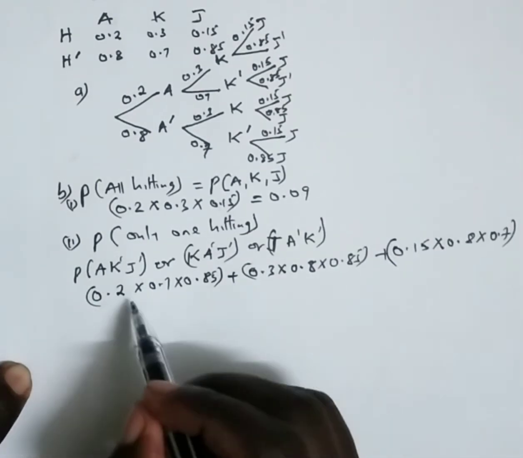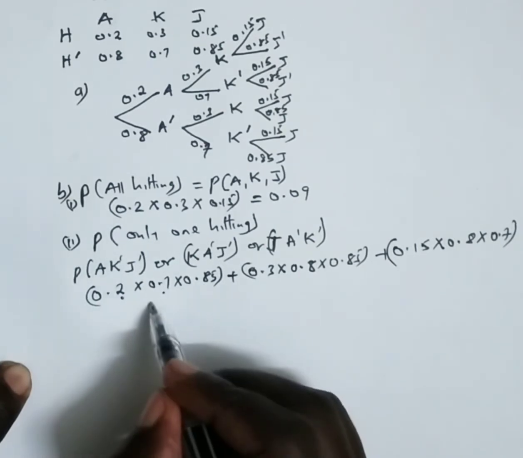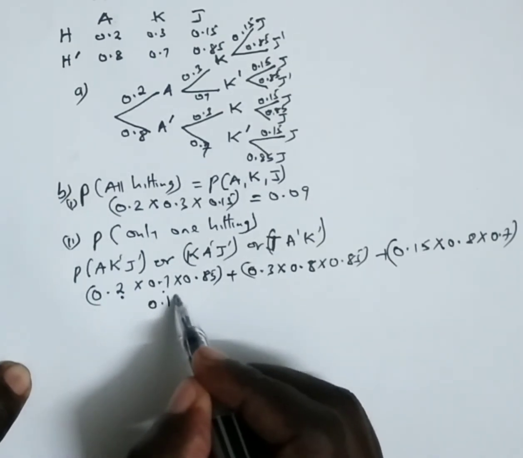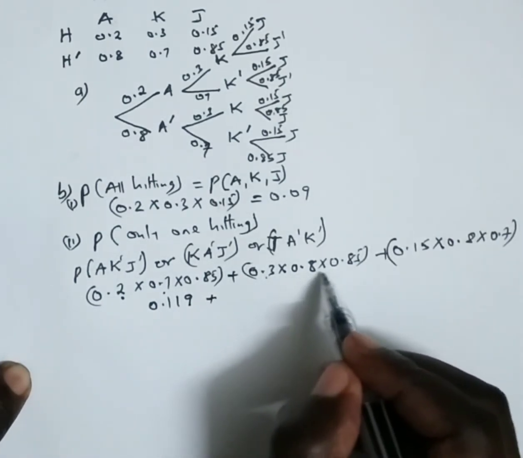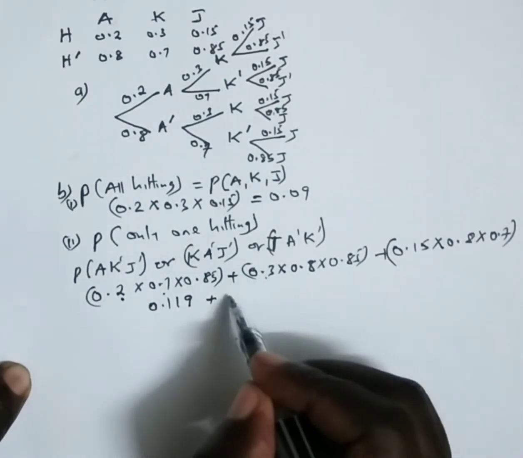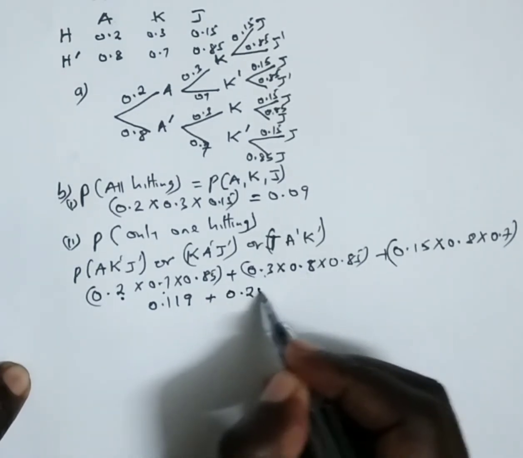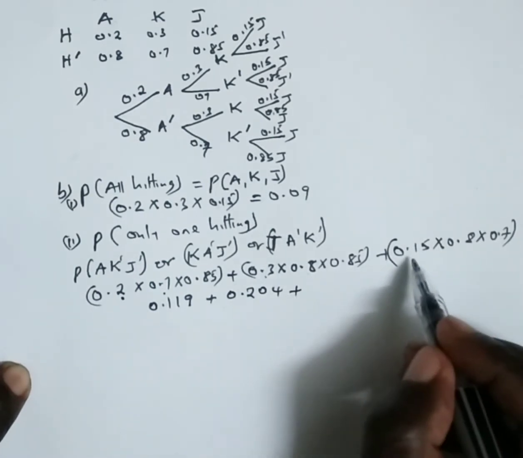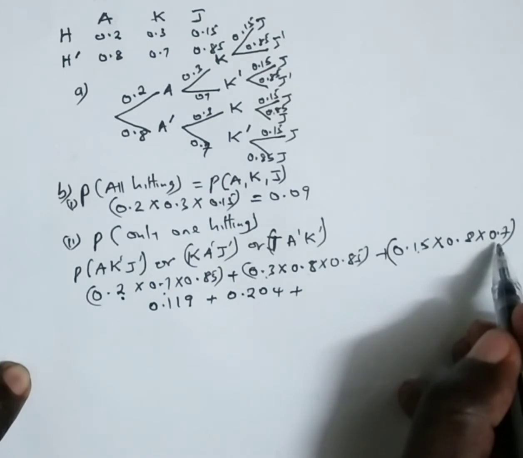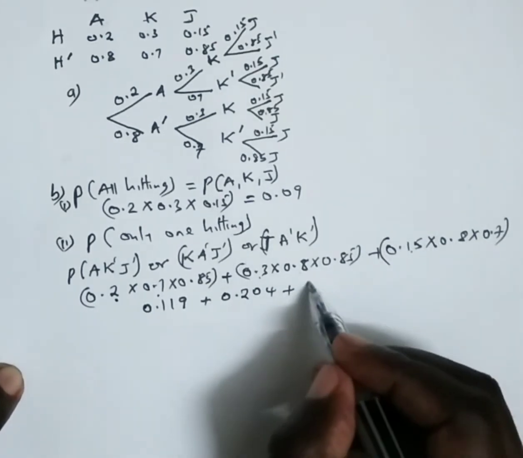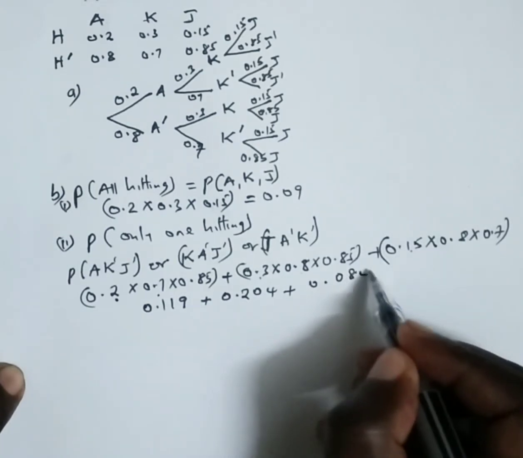If you multiply, 0.2 times 0.7 times 0.85 gives 0.119, plus 0.3 times 0.8 times 0.85 gives 0.204, plus 0.15 times 0.8 times 0.7 gives 0.084.